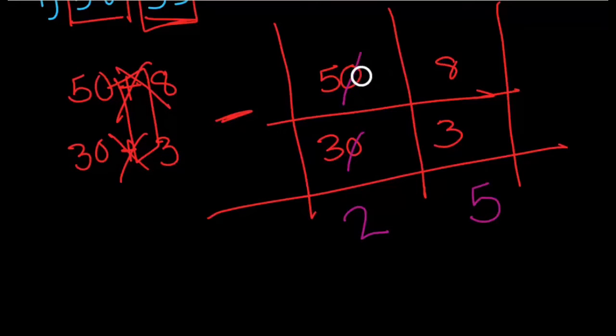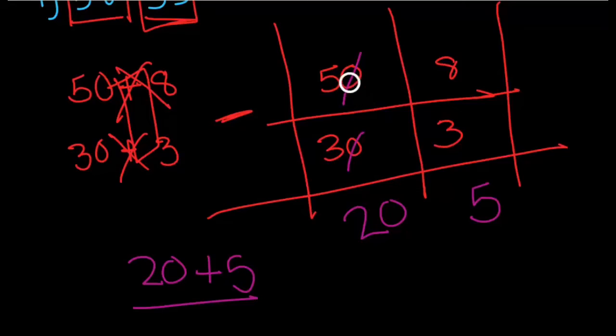And you can add the zeros back if you want, but I just prefer not to, because if you add the 0, you're going to have 20 plus 5. These numbers are in expanded form. When you're writing it in standard form, you're going to have more work.